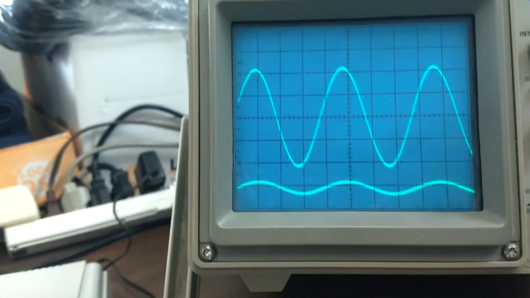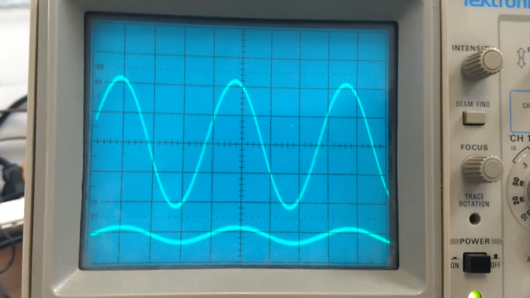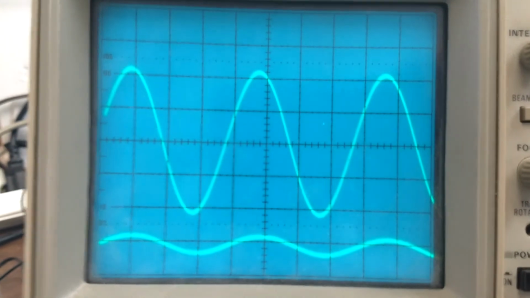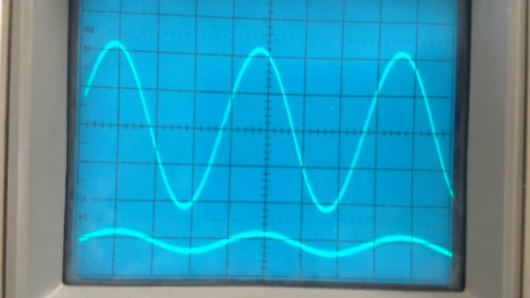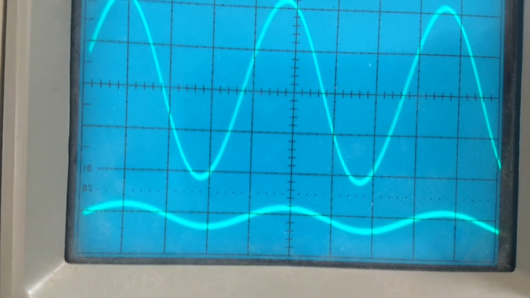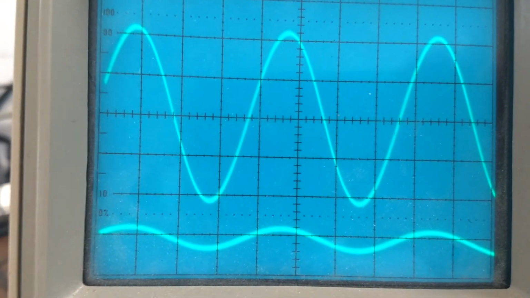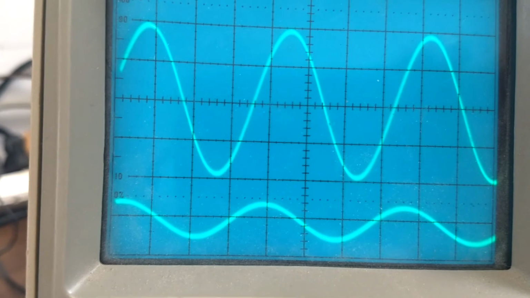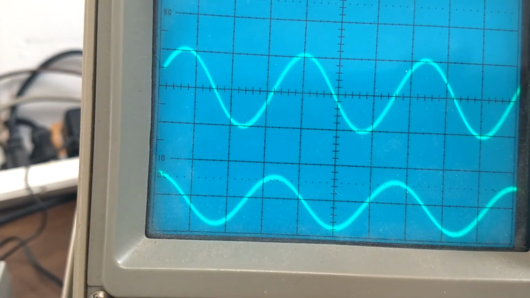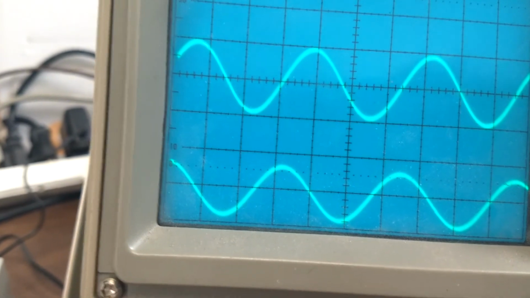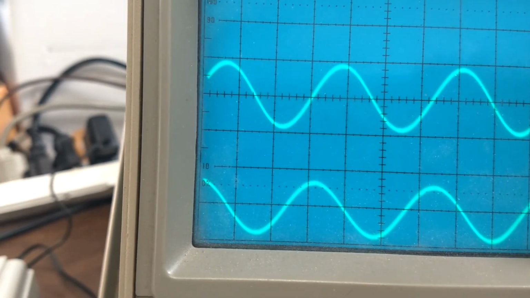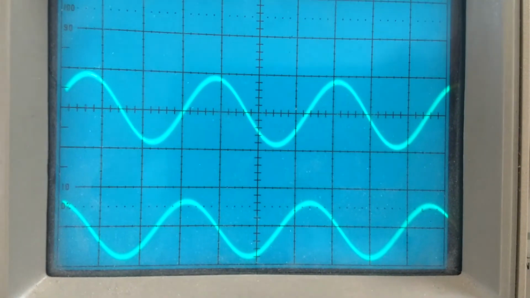Now on the oscilloscope, the top trace is the voltage across the parallel LC. And I'm going to change the frequency. Right now I'm going up in frequency. And you see the voltage is going down across the LC, the parallel LC.